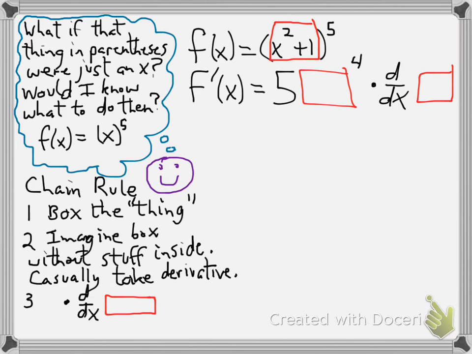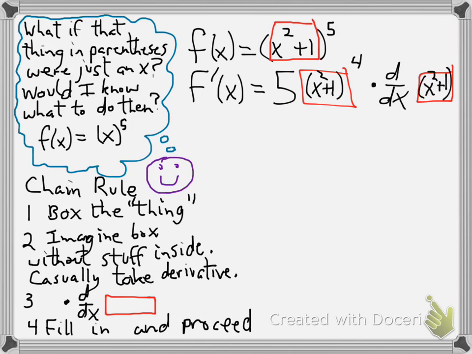Step 4 is to fill in the boxes and proceed with the problem. So this box here had x squared plus 1 inside, so we'll put that in both places. If you've done it right, there should be 2 boxes on the line after there was 1 box.